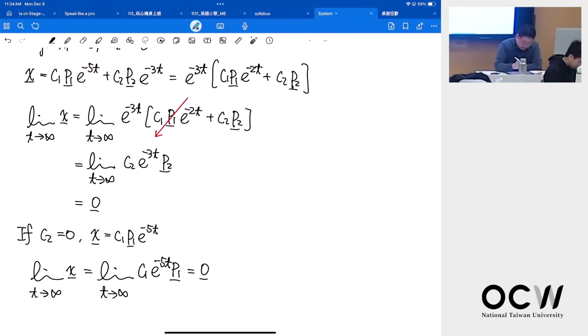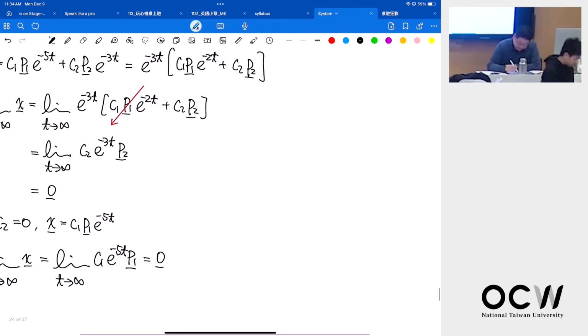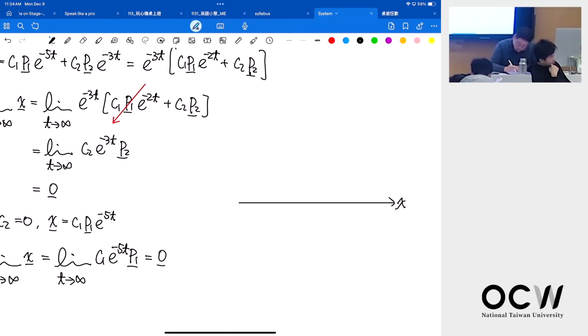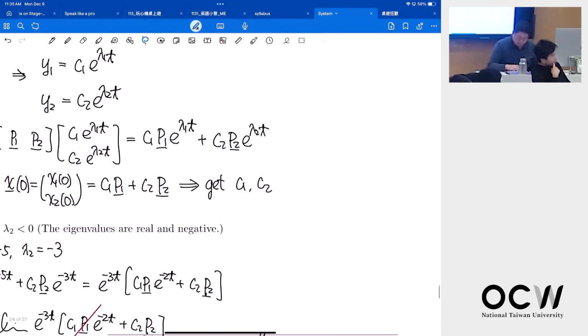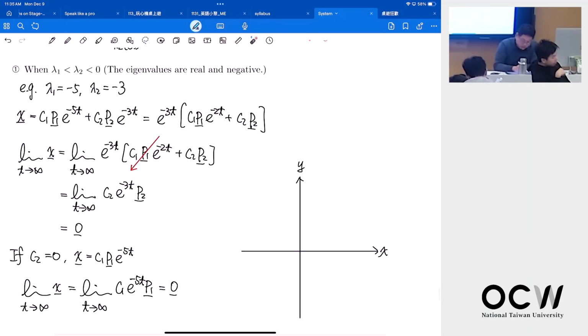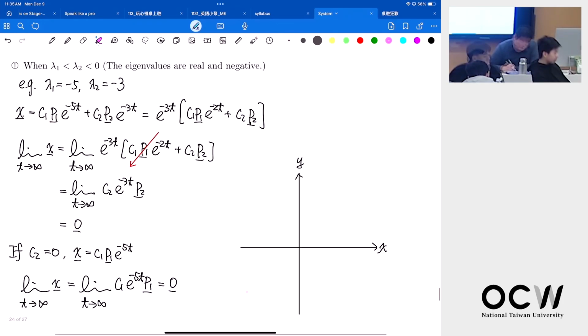So now let's plot. Now we have two vectors P1 and P2. Suppose this is P1 and here is P2.